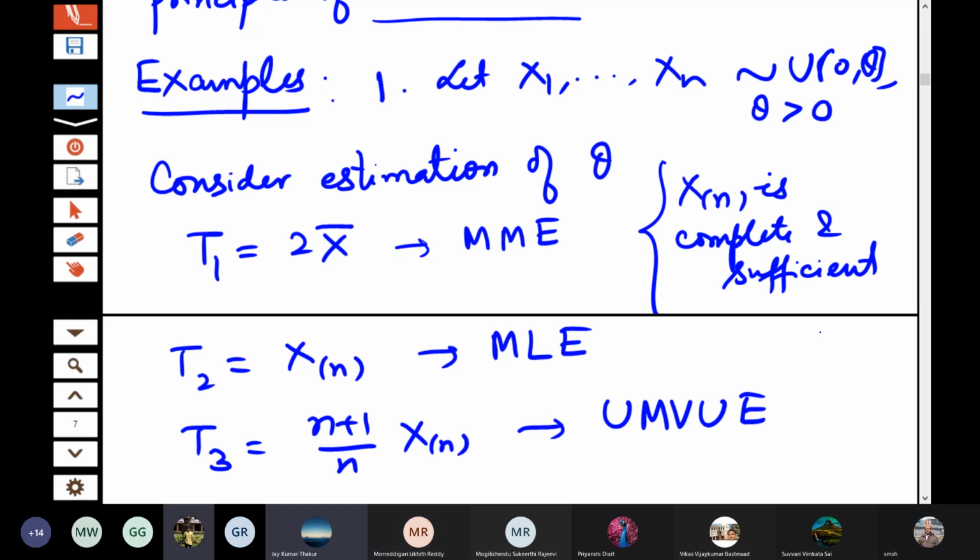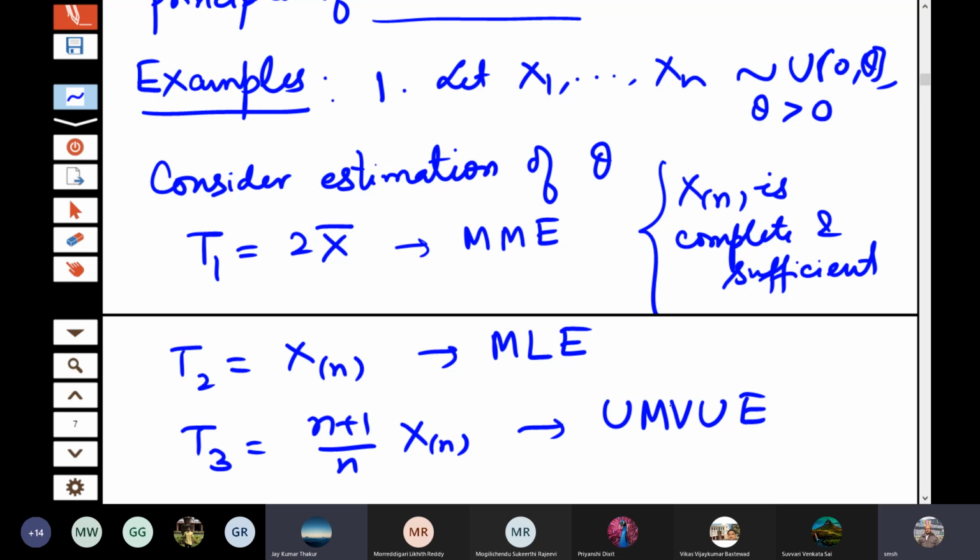Now see, here comes something interesting. Now I have introduced another concept. We had initially the method of moments and then the maximum likelihood estimation, and actually we showed here that the maximum likelihood estimator gives you an estimator which has a smaller mean squared error than the method of moments estimator.